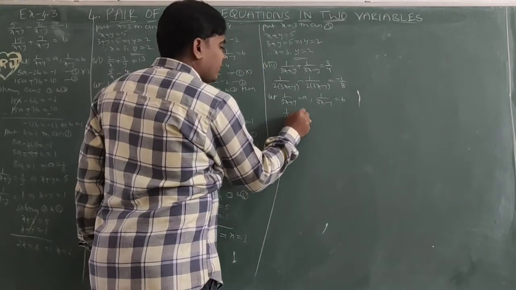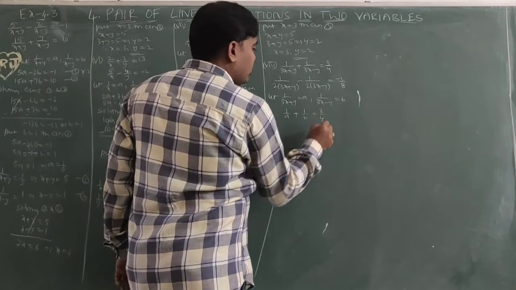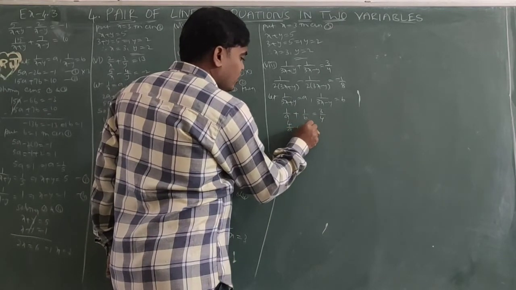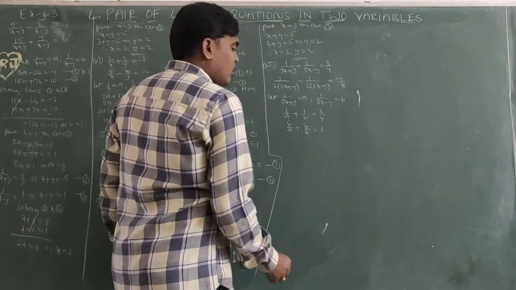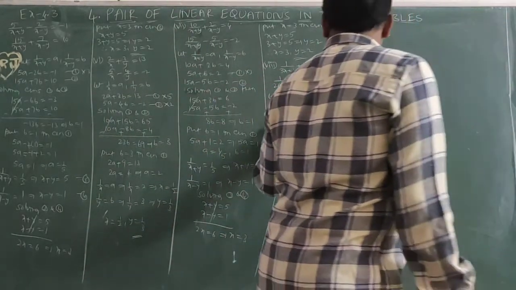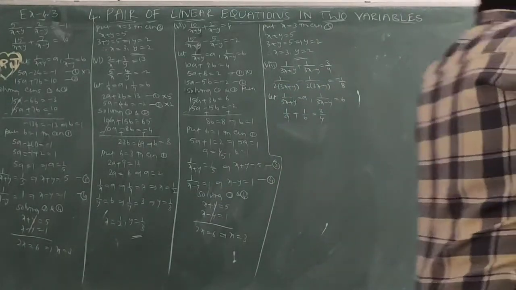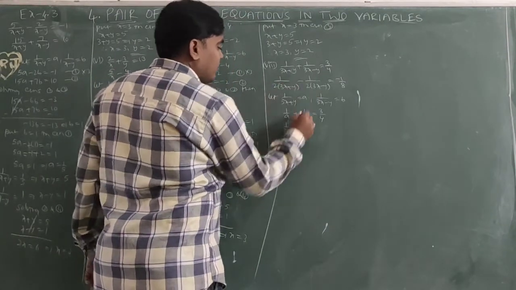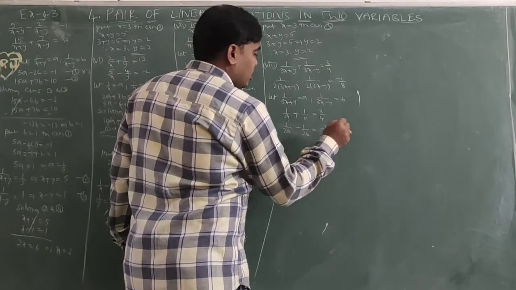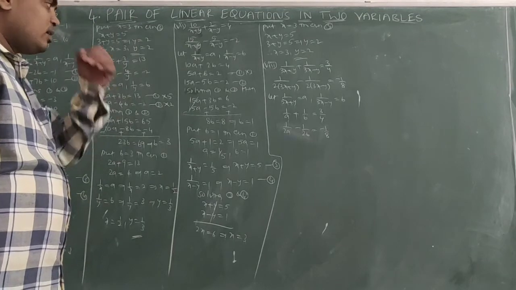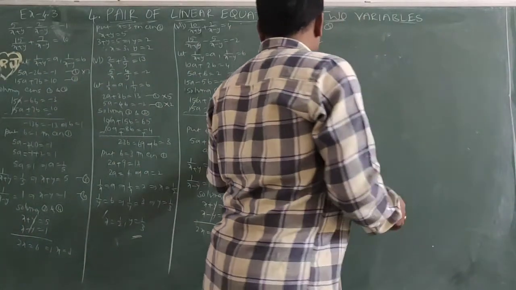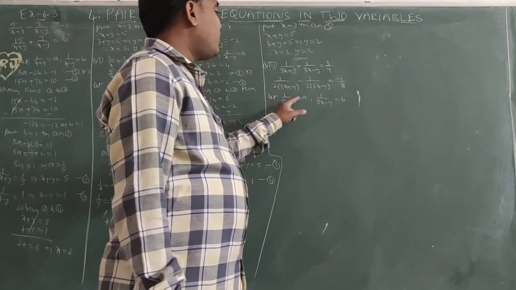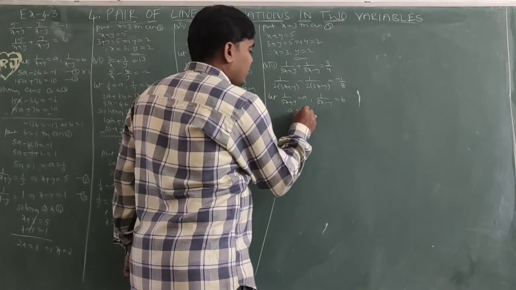So 1 by a plus 1 by b equal to 3 by 4. Actually, this is wrong, what I wrote. 1 by 3x plus y equal to a, so this is a plus b equal to 3 by 4.